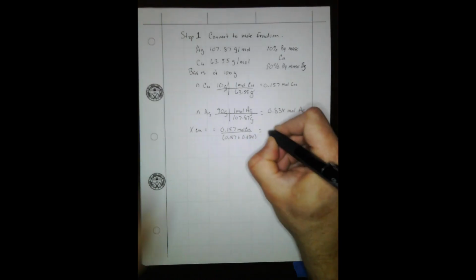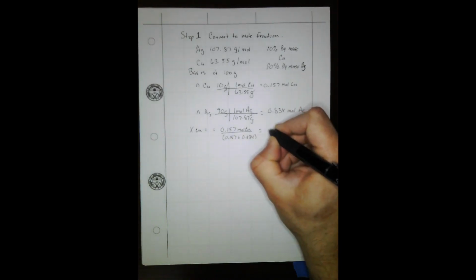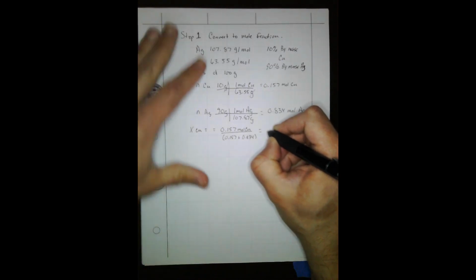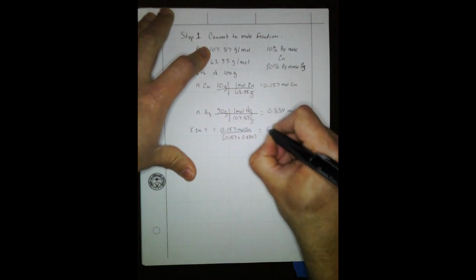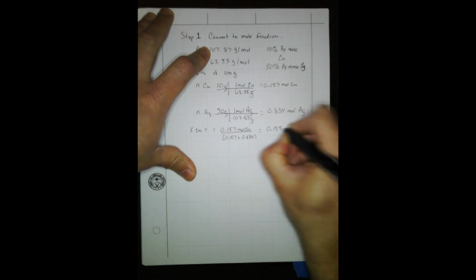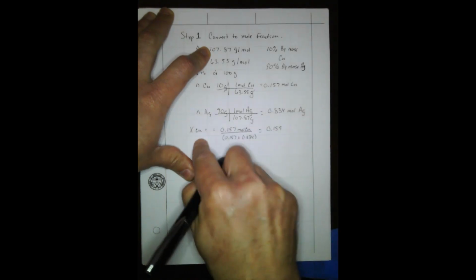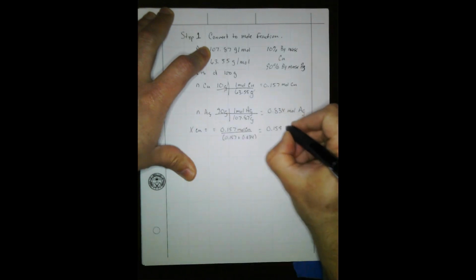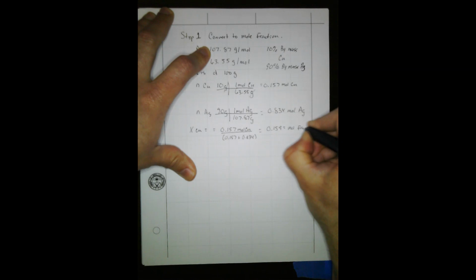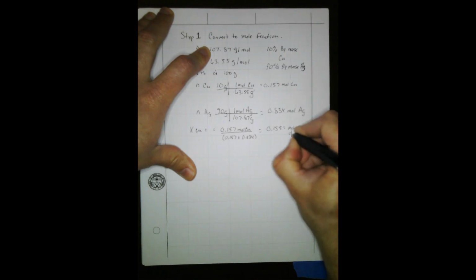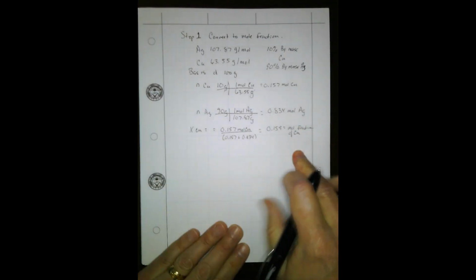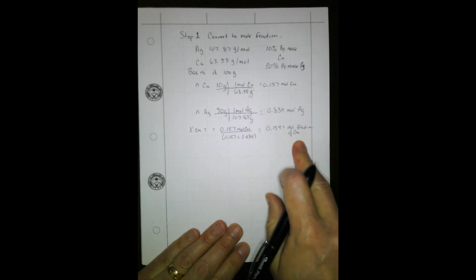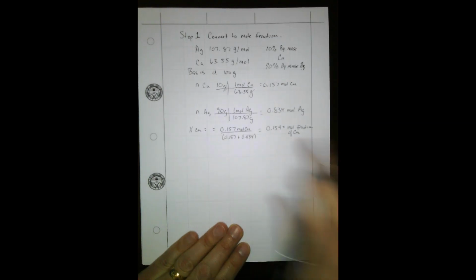This is the copper, this is the silver, and I get 0.159. So now we have 0.159 as our mole fraction of copper.